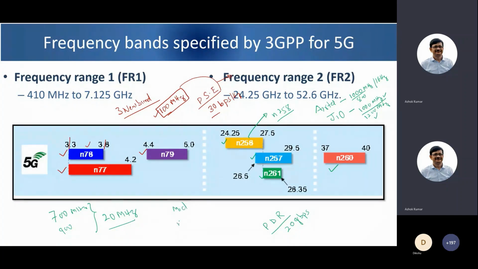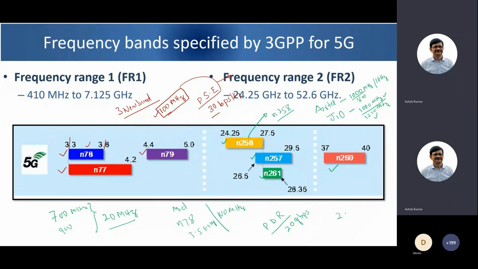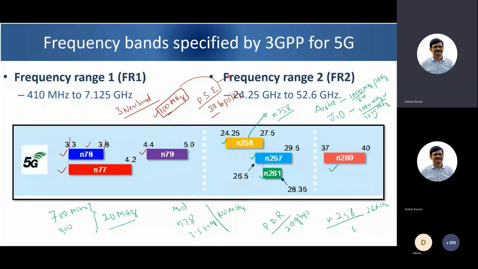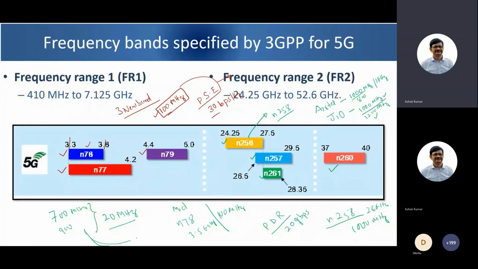And in millimeter wave, which is N258 or the 26 gigahertz band, they have 1000 megahertz. So they may be using carrier aggregation combined, and they will be able to offer you very, very good service using all the 3 spectrum which they would be having.